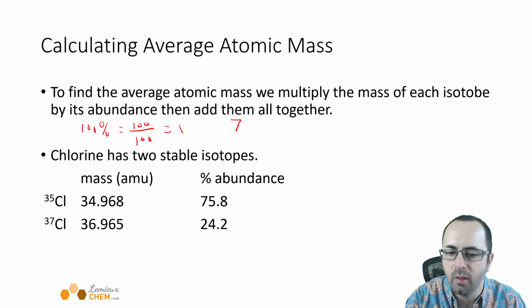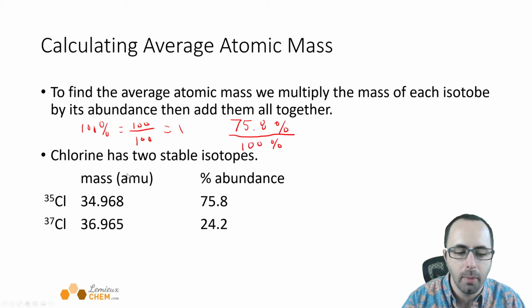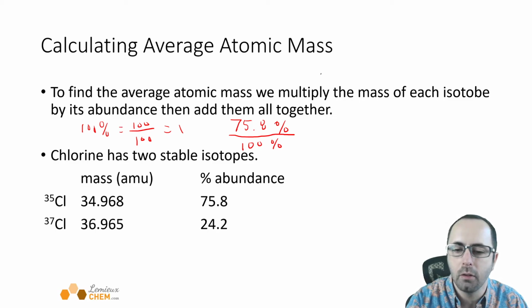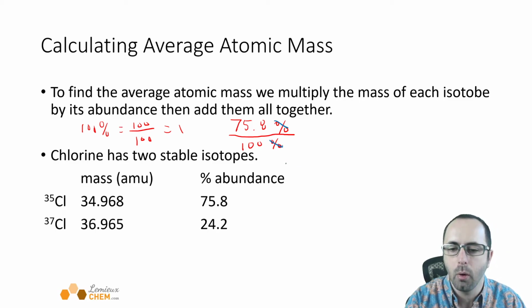So what I'm going to do is I'm going to take 75.8%, this is percent abundance, and I'm going to divide it by 100%. And what that does for me is that will change my number from a percent to being a decimal. And what we get out of that is those cancel, and we're going to get 0.758.